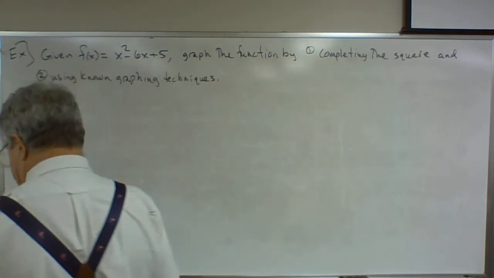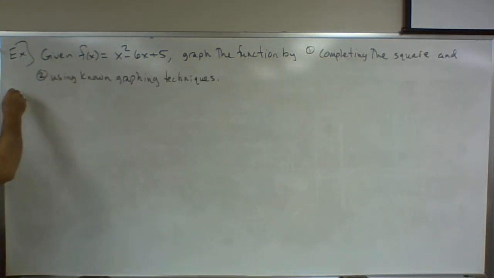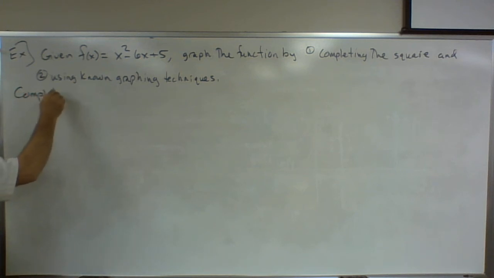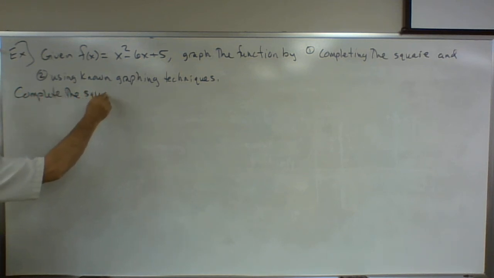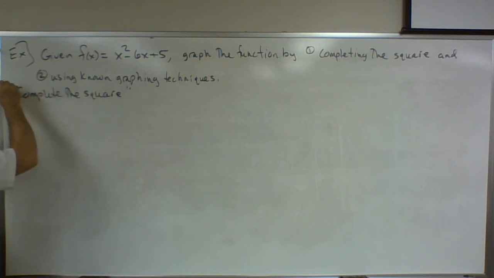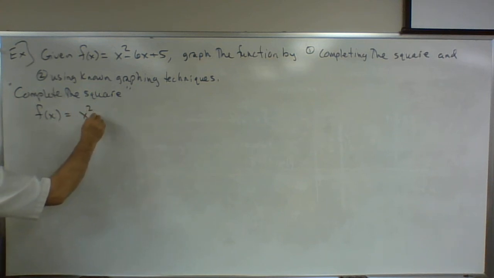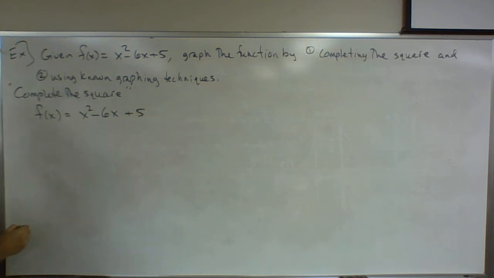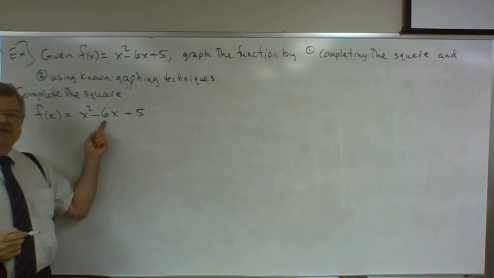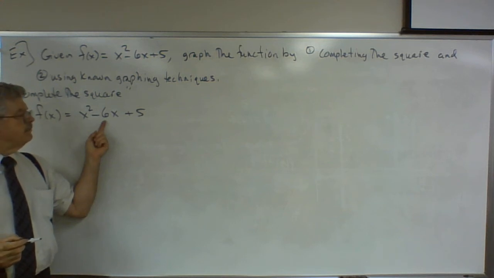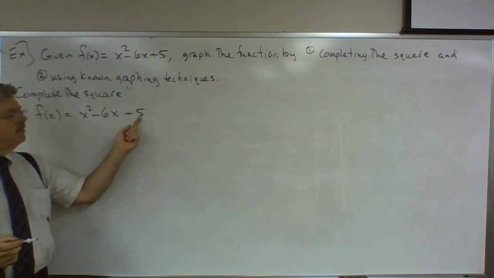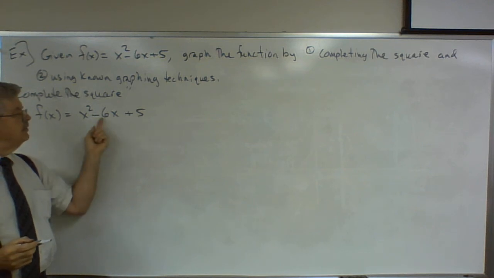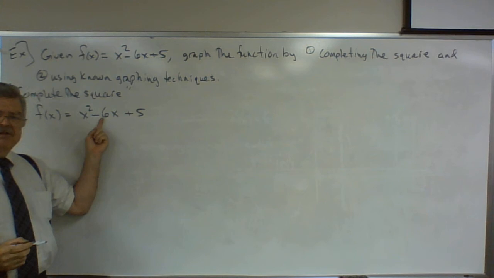So let's complete the square. Now, if this is already a perfect square, then the constant term will be equal to 1/2 the coefficient of x quantity squared.